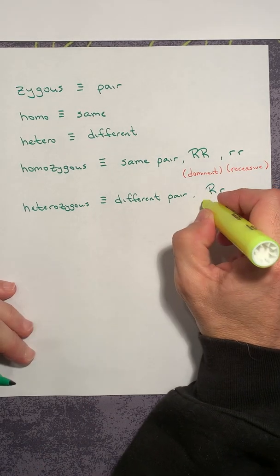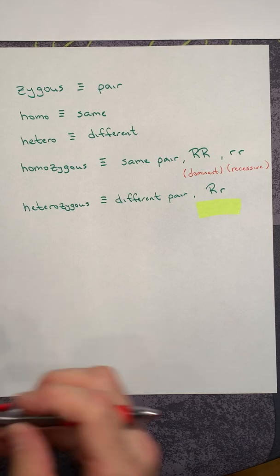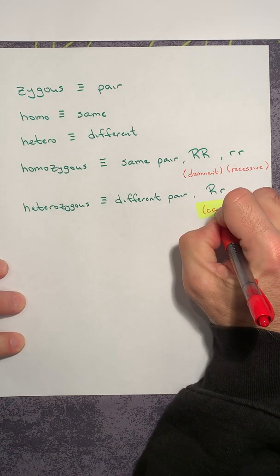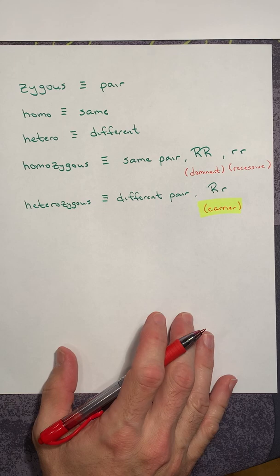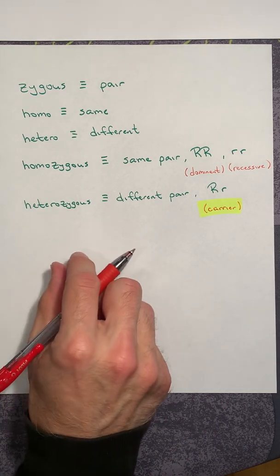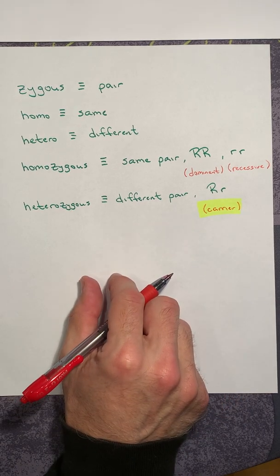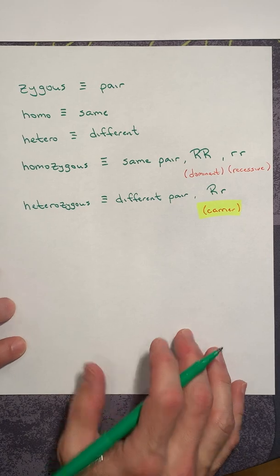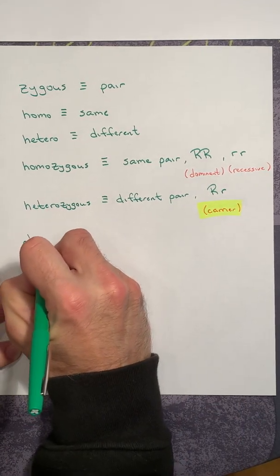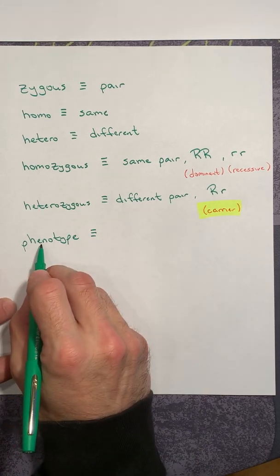Now, what's cool about this individual is we refer to this individual as a carrier. Think back to that diagram that showed the first cross that Mendel did with the purple parent and the white parent, and all of the offspring were purple, but they carried white. They are a carrier of white. They are a heterozygote. What you see physically on the outside of the organism is called the phenotype. Pheno meaning physical.